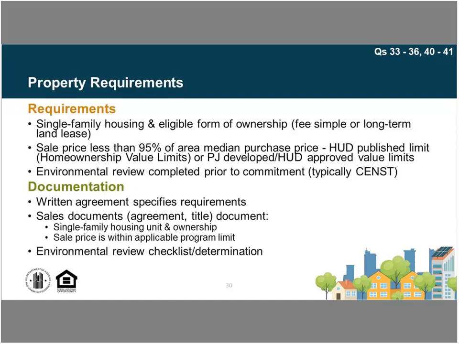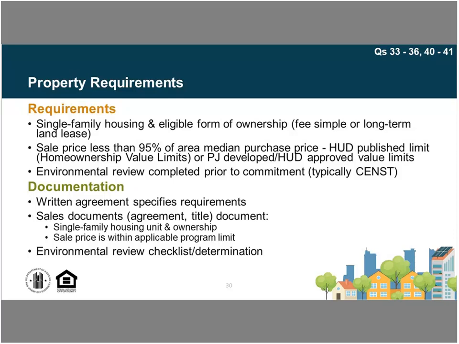So we go to a very short list of things that need to be reviewed in 58.6. That's part 58, which is the environmental review rule. And so for most of you, the DPA program will be done as a 2-tiered review, a program review, and then a CENST checklist for each of the properties as they are approved. But please make certain that you do those things before you make a commitment or disburse funds.